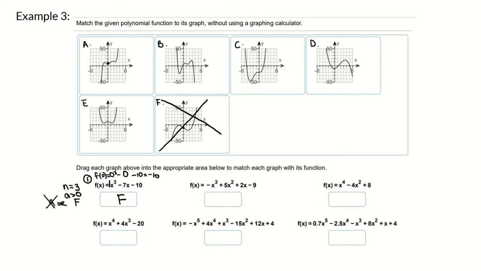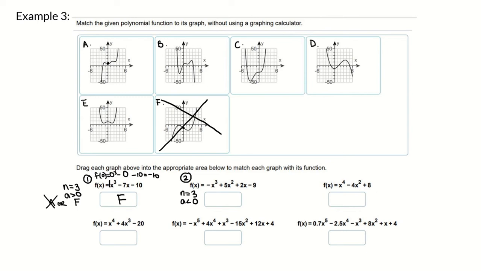Okay. Now looking at the next function, f of x equals -x to the third plus 5x squared plus 2x minus 9. The degree is 3. The lead coefficient is negative.